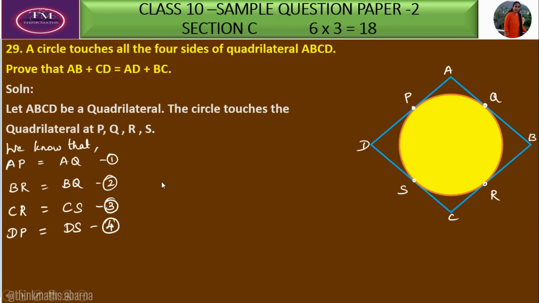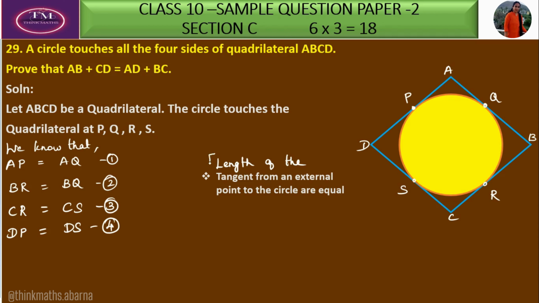So now the reason is the length of the tangent from an external point are equal. This is the reason. Next step, we are going to add 1, 2, 3, 4. So if we add, what will we get?